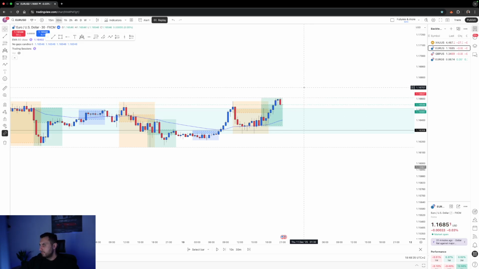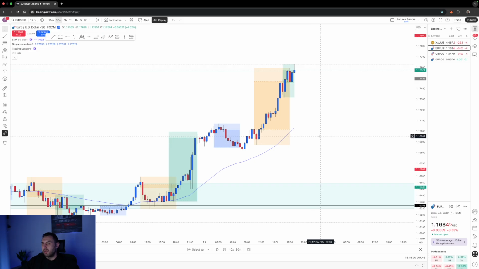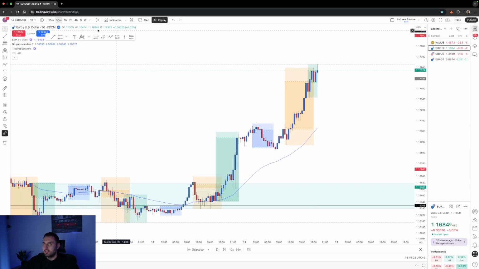But let's see if this would be the last trade of the year, but I don't think so. It's looking like it's pushing very hard, so I don't think that I would have caught this trade. No, the price flies.